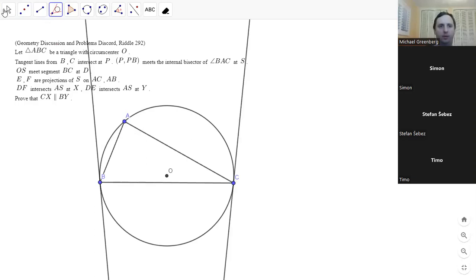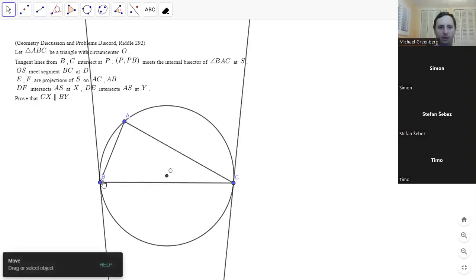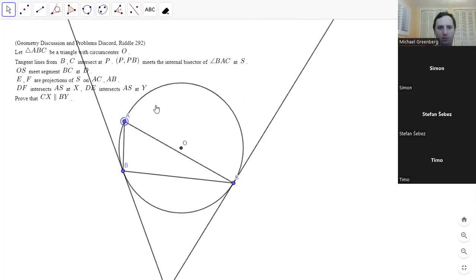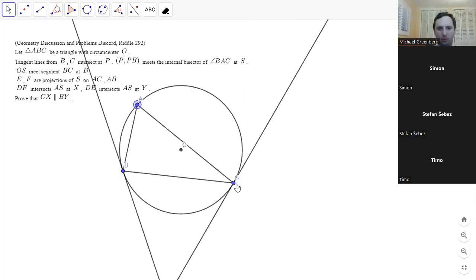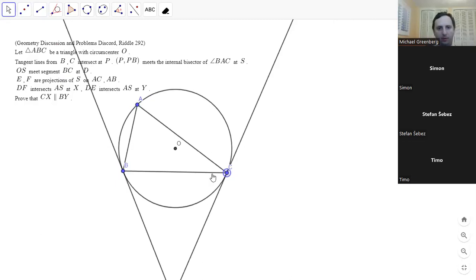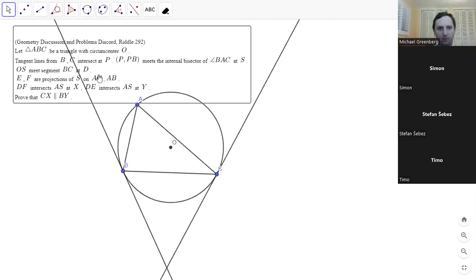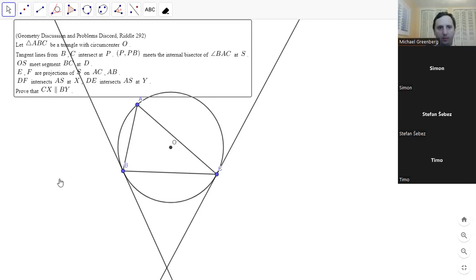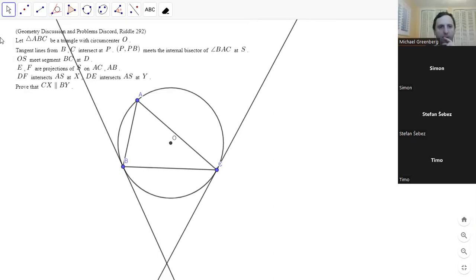Then we draw the circle with center P, something like this, and we see where it meets the internal bisector of BAC.